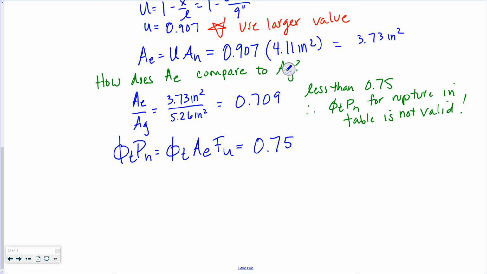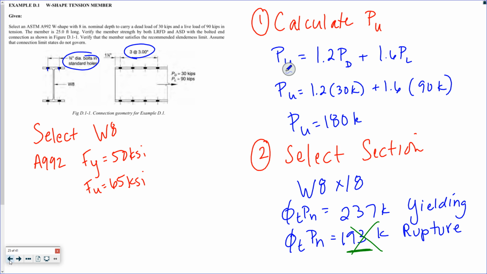My effective net area is 3.73 inches squared. And my ultimate tensile stress for A992 steel is 65 ksi. Right, that's all the way back, right there.